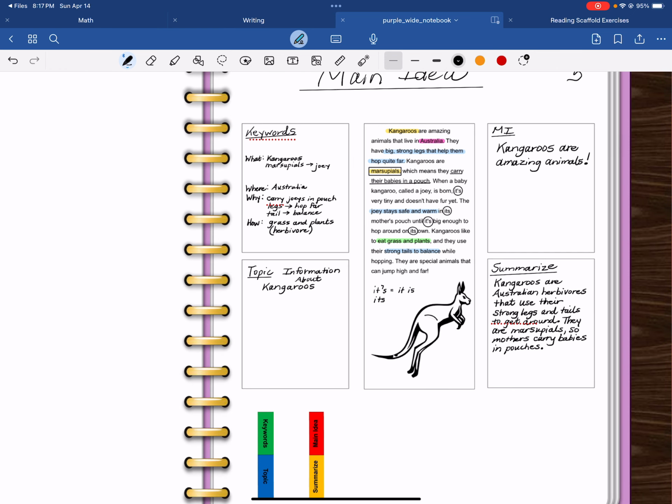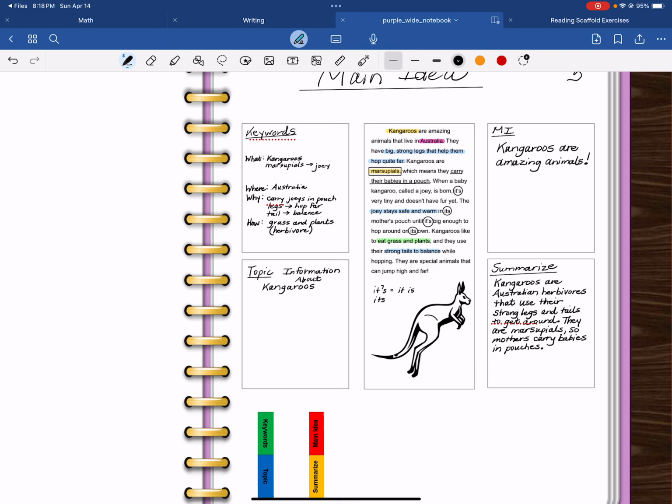Summaries are a restatement of what you've learned in your own words. So summaries allow you to express what you've learned in your own terms. They were always hard for me. The keywords were no problem for me. Topic, not bad at all.